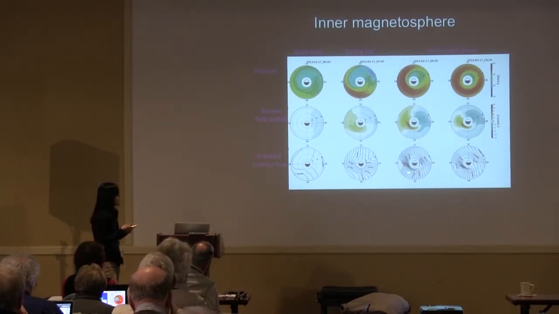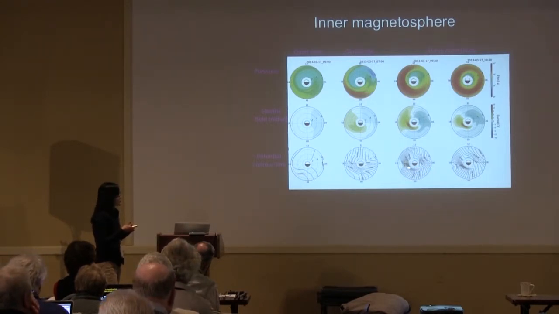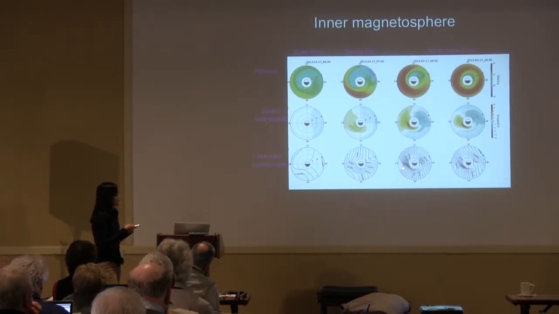As you can see from these potential contour lines here, outside L of 4, the contour lines are in the day-night direction. Those correspond to the convection electric field. But when you move closer to the Earth, you see those contour lines trying to skew westward, and those contour lines move closer to each other, and this corresponds to a large electric field, which is radially outward.